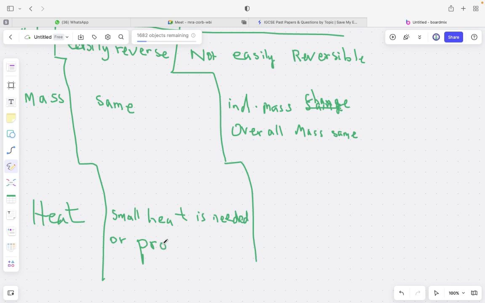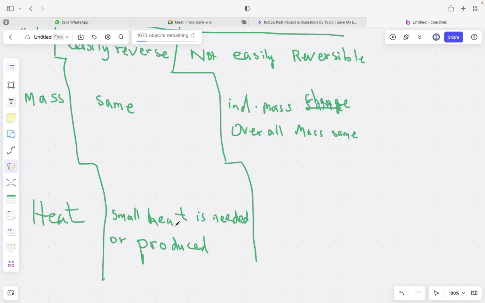The ones that produce heat to the surrounding are called exothermic reactions. So for physical change, only a small amount of heat is used from the surrounding, or, if it is exothermic, a small amount of heat is produced. Whether it's used up or produced, for physical change it is just a small amount of heat.